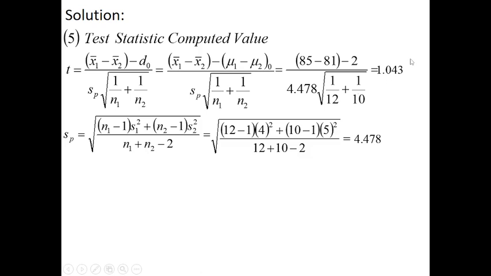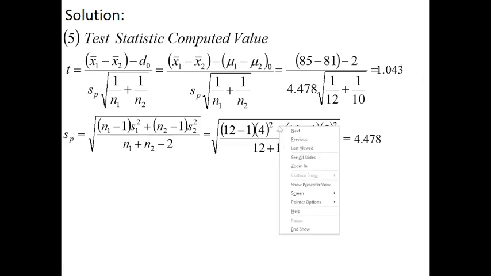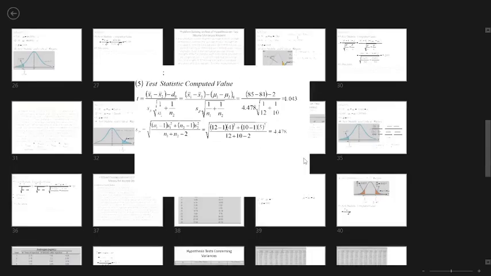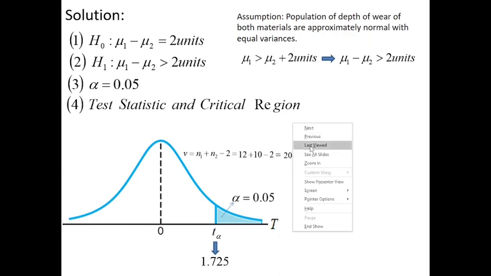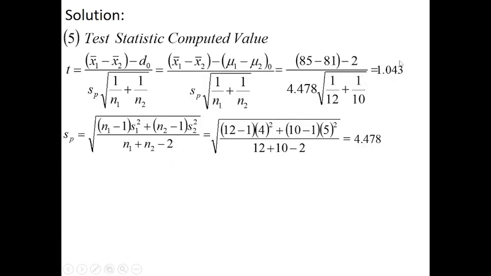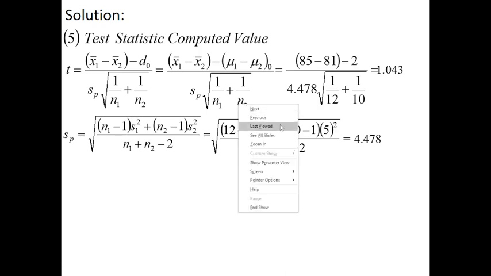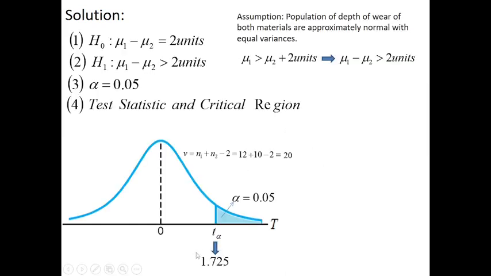So we compare it to t sub alpha, which is 1.725. This is 1.043. So what can we conclude?